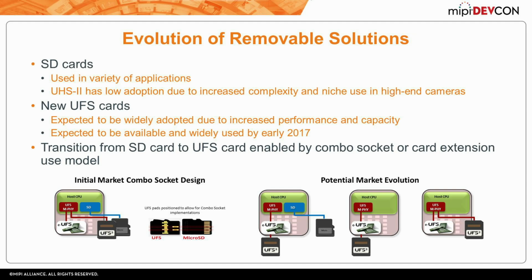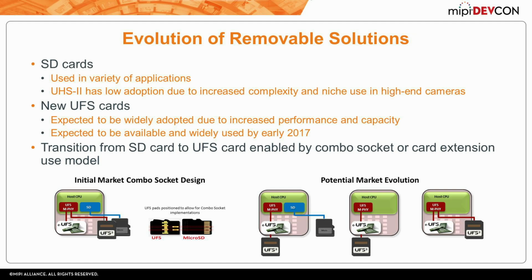Like I mentioned, the new UFS cards have been announced and are expected to be widely adopted due to increasing performance and capacity. It's important to notice that UFS has the ability to change the speed at runtime, so you can have the performance required for your application while lowering the average power consumption.